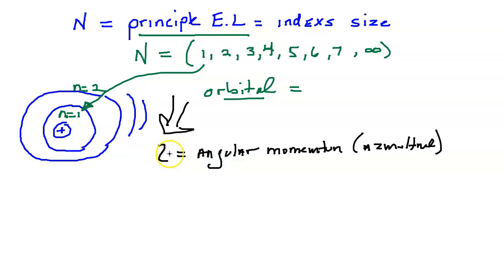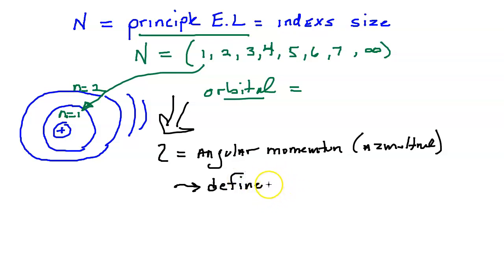So what is the angular momentum number, or the azimuthal? Well, this is a type of number that actually describes the type of shape. And so we use this to figure out the actual basic shape of the place where the electron exists, called the orbital. So this defines the three-dimensional shape that the electron exists in as a standing wave.